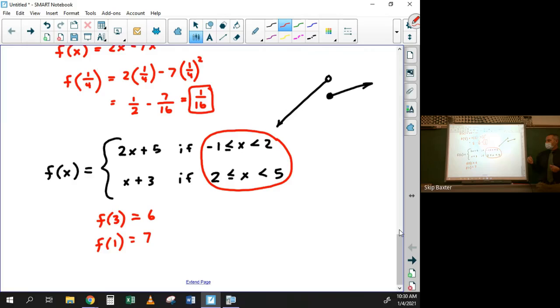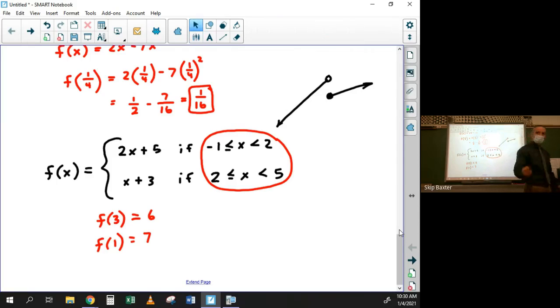Or evaluating a function at particular x values. And that's it. Any questions on that? The homework is on Delta Math and it's called functions, definition, and evaluating.